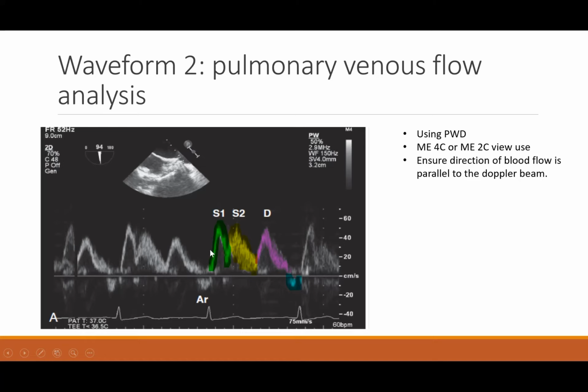So in pulmonary venous flow analysis, the majority of the flow is a positive deflection because the flow is from the pulmonary veins to the left atrium, and there is a small negative waveform due to left atrial contraction, when blood is ejected from the left atrium into the left ventricle. The wave has a systolic component and a diastolic component, which are both positive. The systolic component can be further divided into S1 and S2, then the diastolic component D, and an AR or atrial reversal waveform due to atrial contraction.